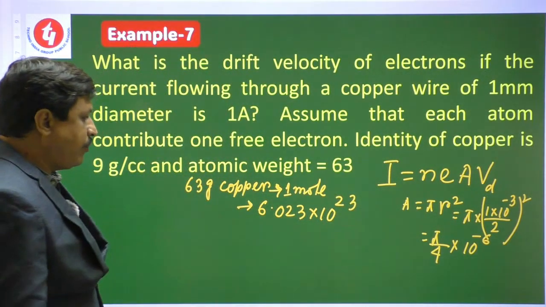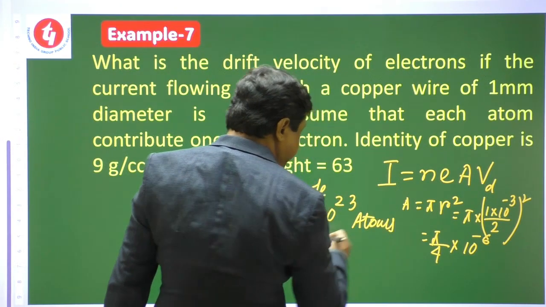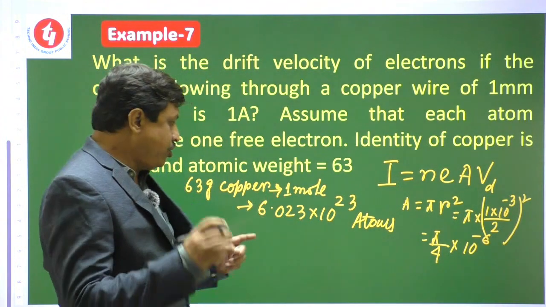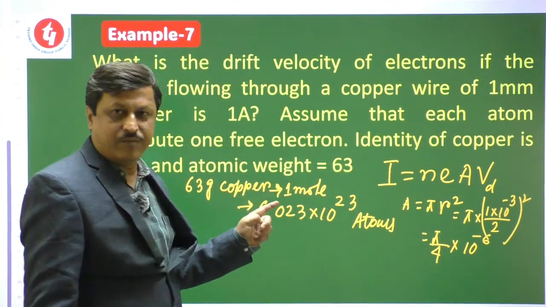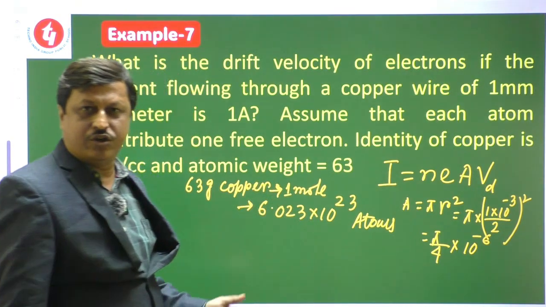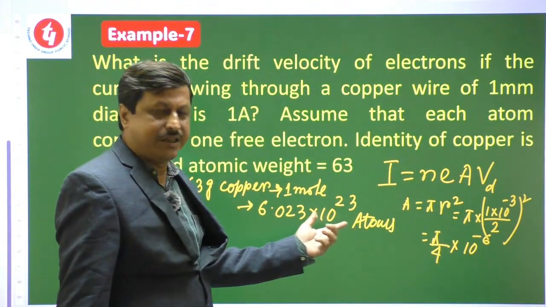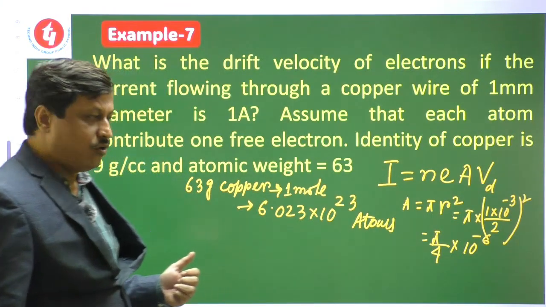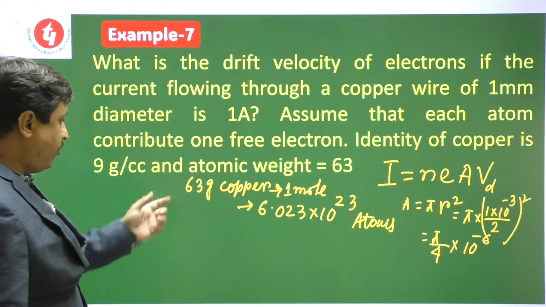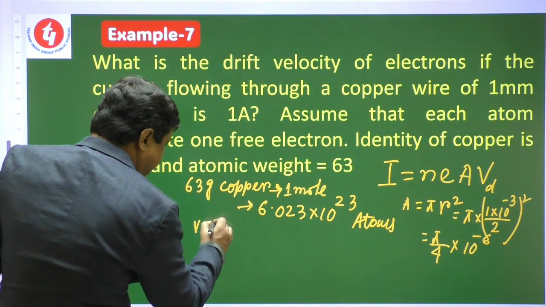One atom contributes one free electron, so in 63 grams of copper the number of free electrons is 6.023 into 10 to the power 23. And what is the volume of this mass of copper? Volume, you know, is m by rho.